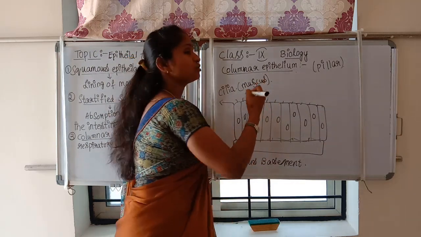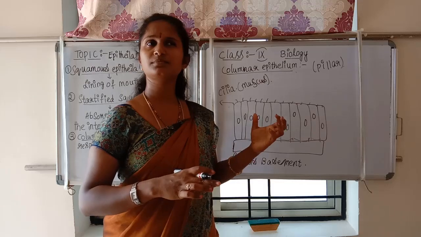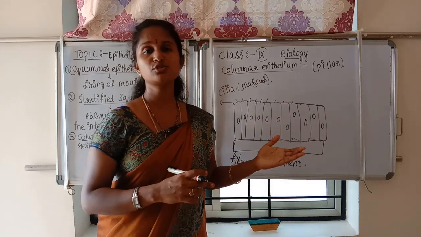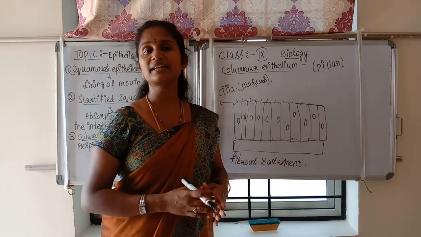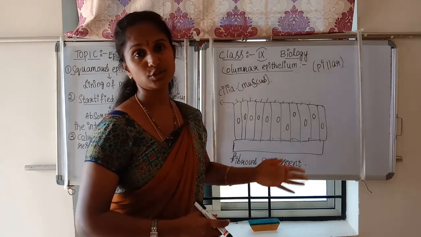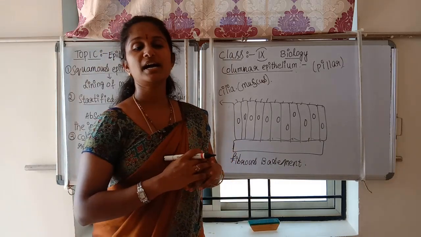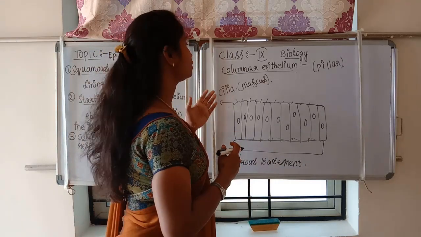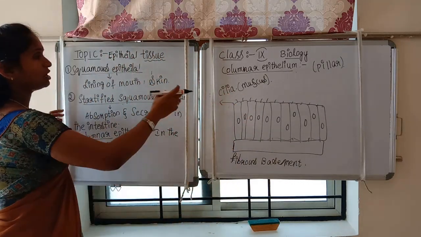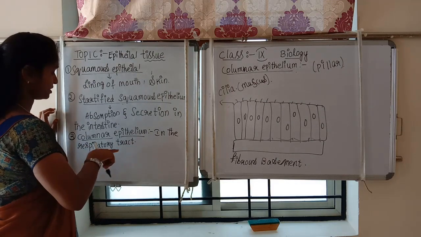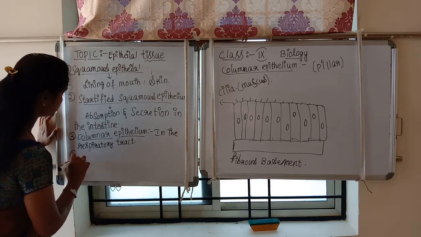This mucus is helpful to clear the waste and the mud, and to stop bacteria outside, so they do not enter into your body. This columnar epithelium is present in the respiratory tract.